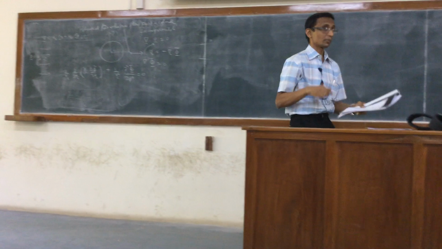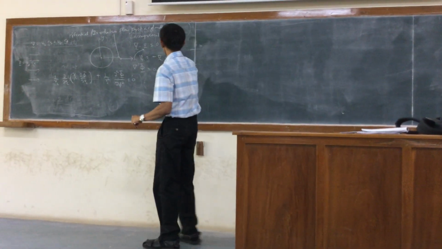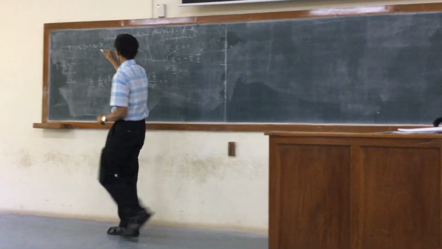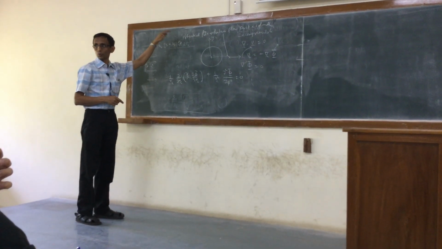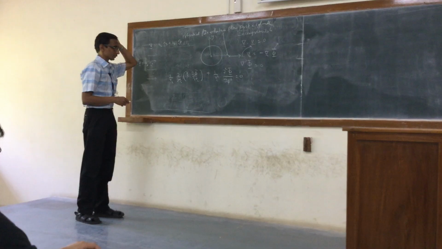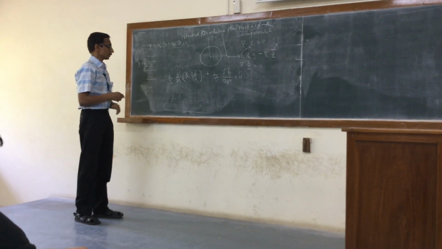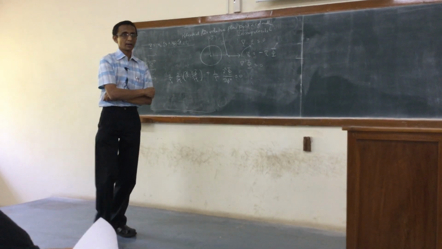This phi is the potential, and the cylindrical coordinate phi is given by a different phi. I hope you can see the difference. This is the equation satisfied by the potential.